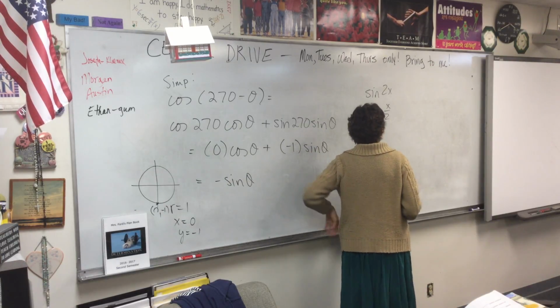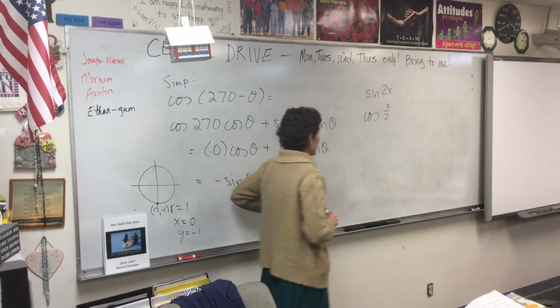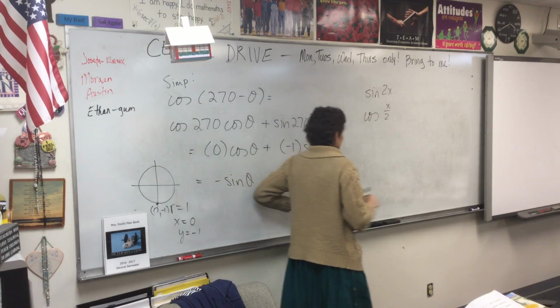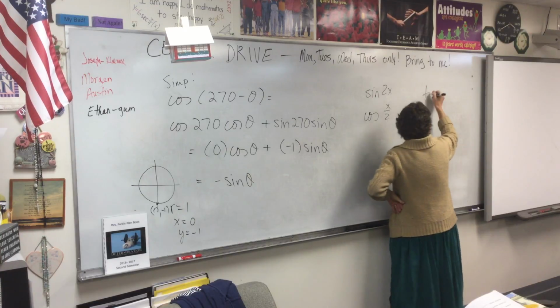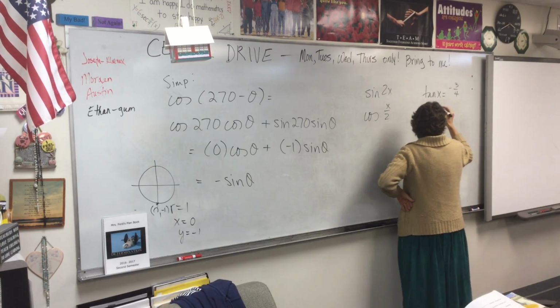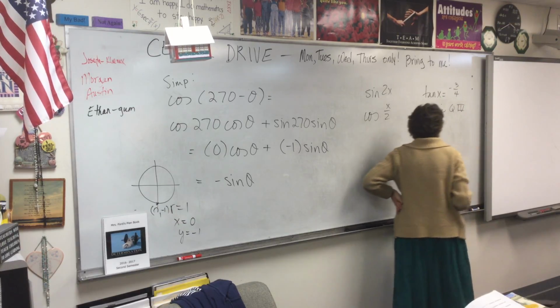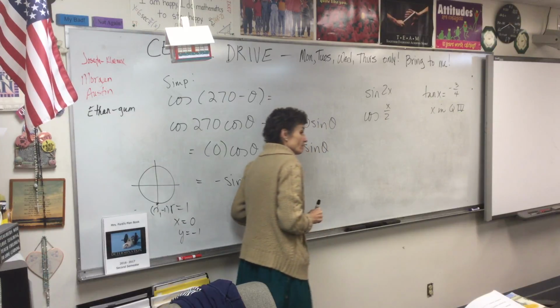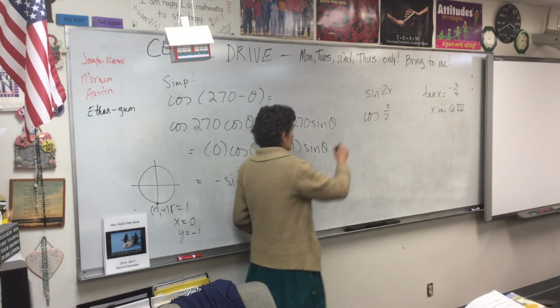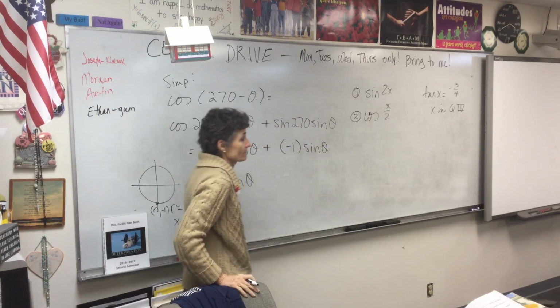But let me just set up a problem for you and show you an example of a kind of problem you're going to have to be able to do. Let's say here's the given. Tan x equals negative 3/4, and x is in quadrant 4. And your job, we'll just do these two problems right here. We'll just find those two things.